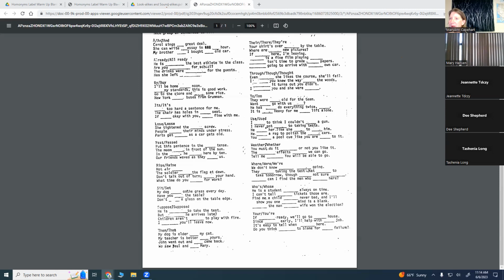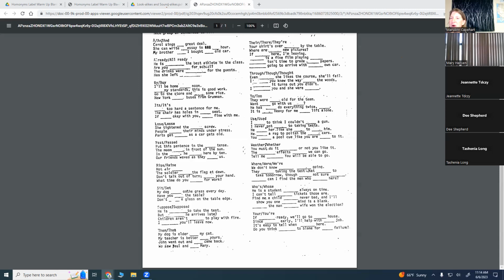Thought with a T. Through the woods to grandmother's house we go. Though it turns out you didn't. Good.